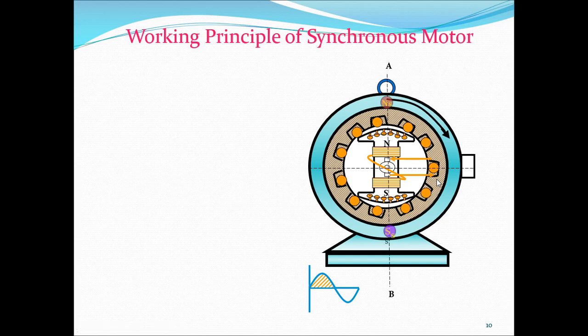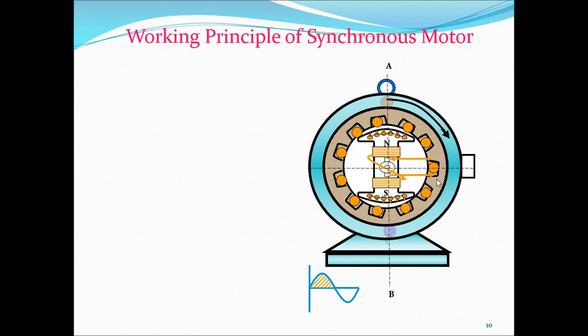The stator poles rotate at constant speed. What about the rotor? When the rotor is rotated near the synchronous speed, and when we give the DC excitation to the rotor winding, the rotor poles become powerful electromagnets like the stator poles.